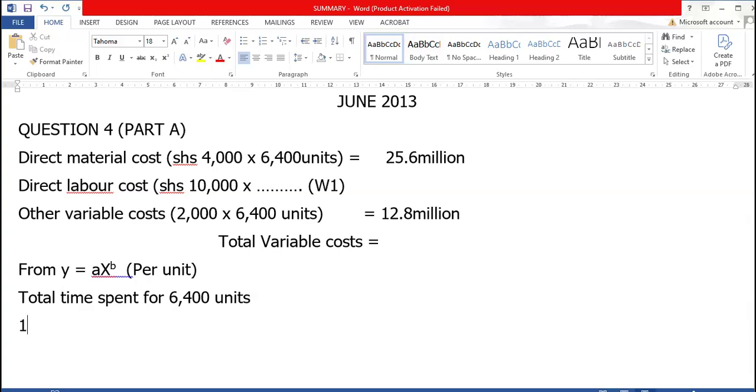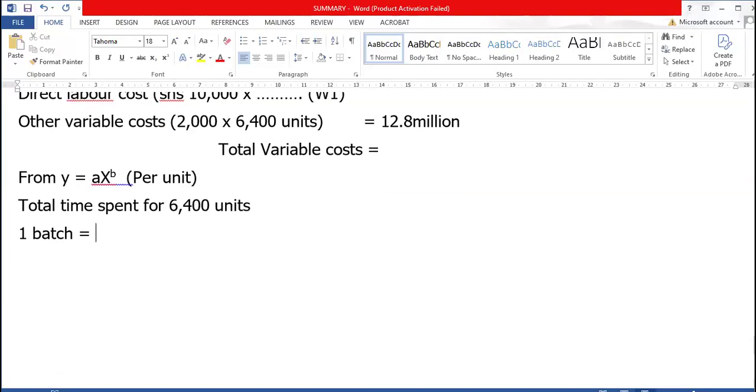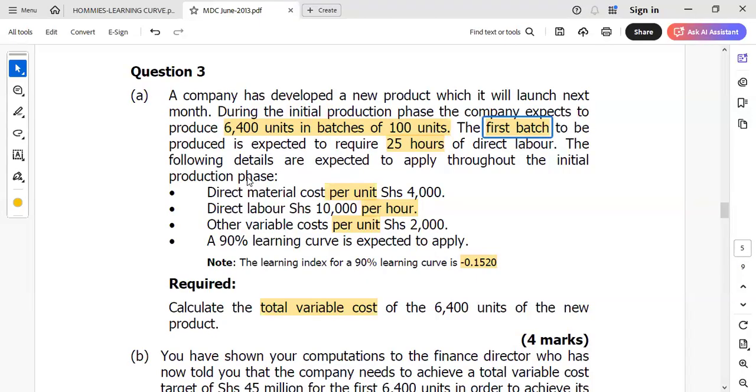Remember, one batch contains how many units? One batch contains 100 units.